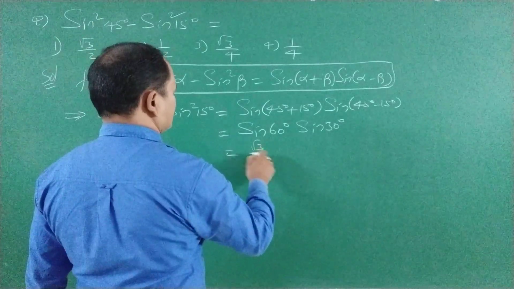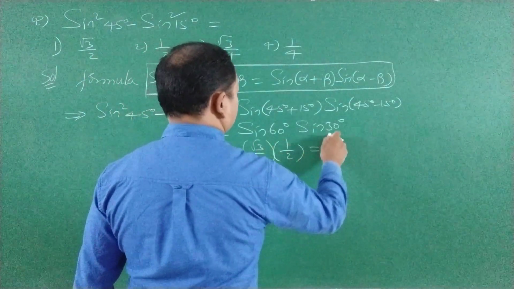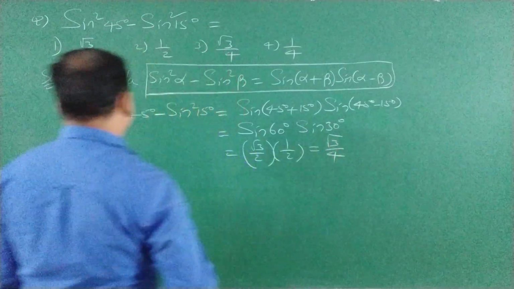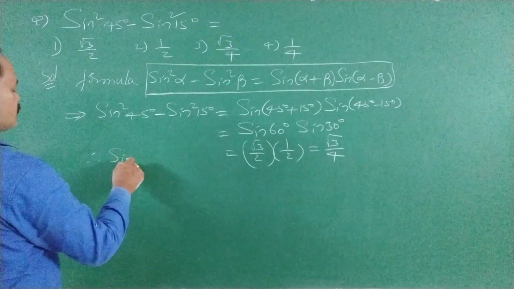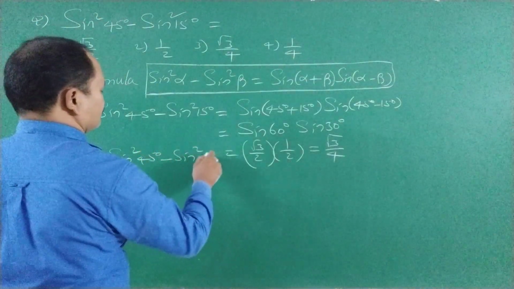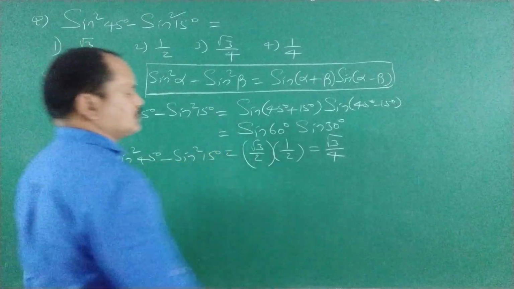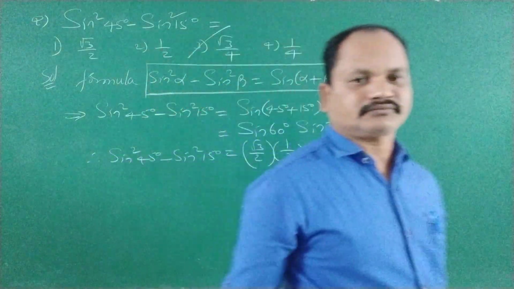That's why it is root 3 by 2 into 1 by 2, so the result is root 3 by 4. Therefore, sine square 45 degrees minus sine square 15 degrees is equal to root 3 by 4. So that is the third option. That's all.